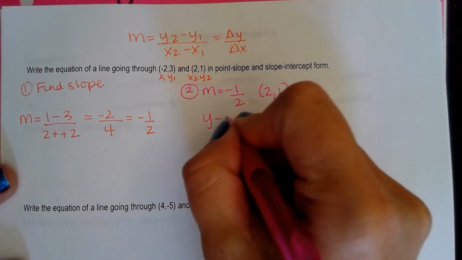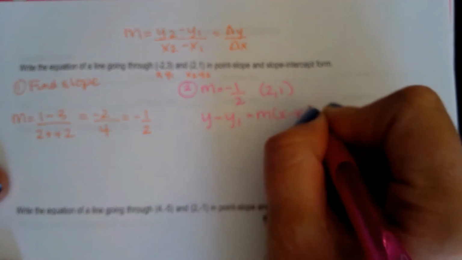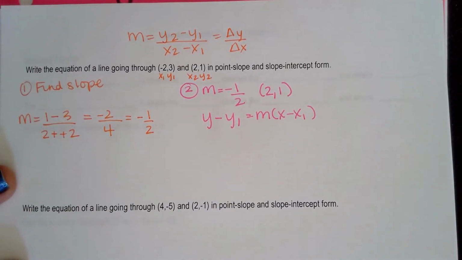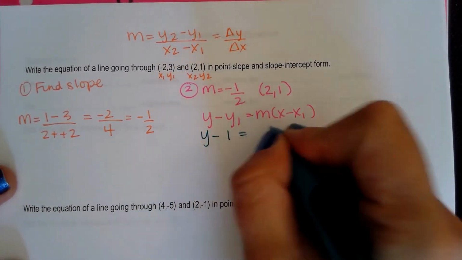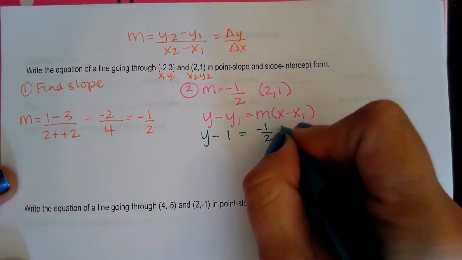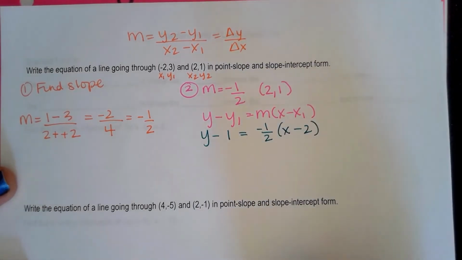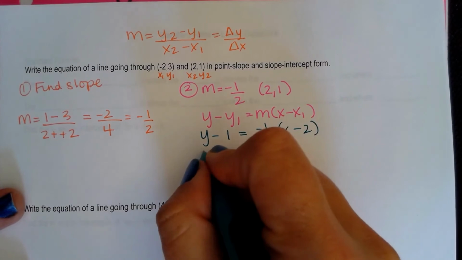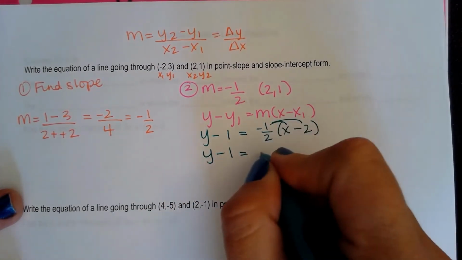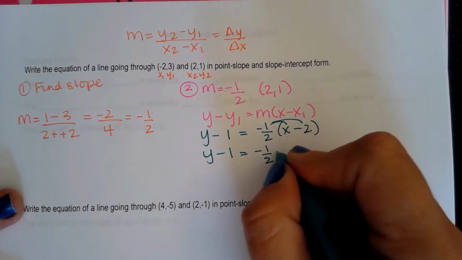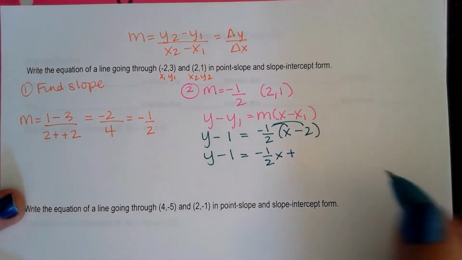So now I have y minus y1 equals m times x minus x1. So y minus 1 equals -1/2 times x minus 2. So y minus 1 equals, distributing, -1/2 x. A negative times a negative is a positive.